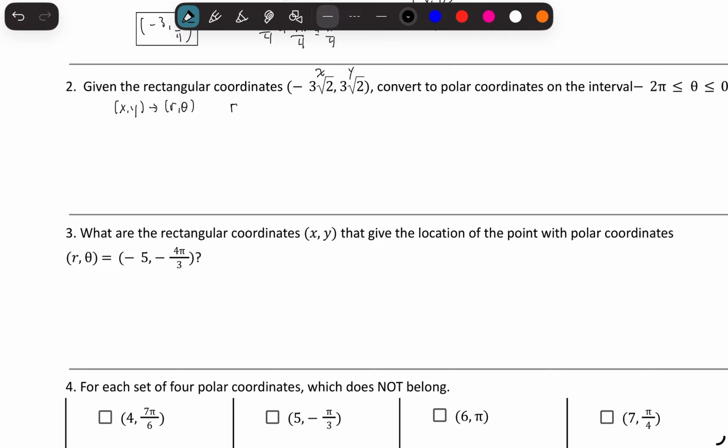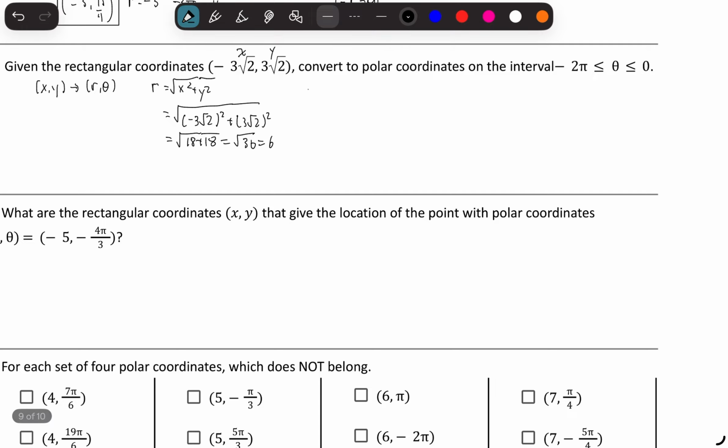So we have to find r, and that's going to be the root of x squared plus y squared. So we just plug in our 3 root 2, and we square those, and we get 6.